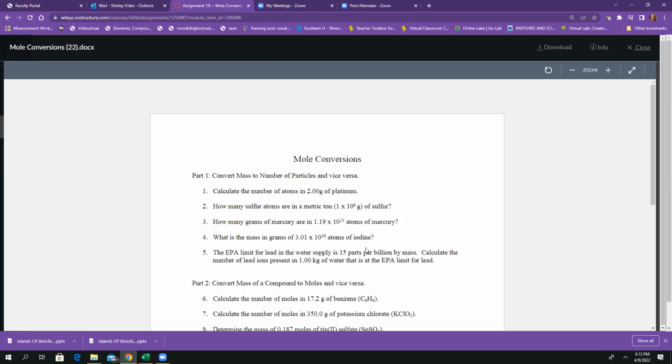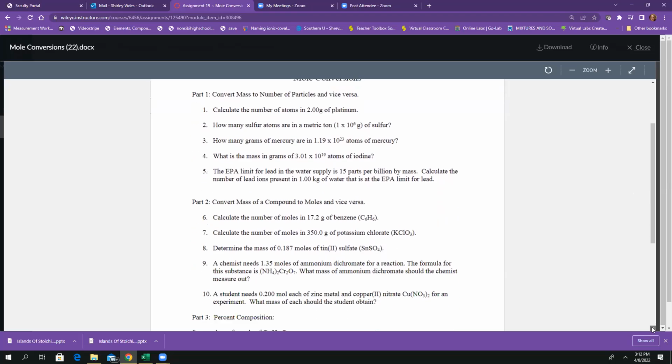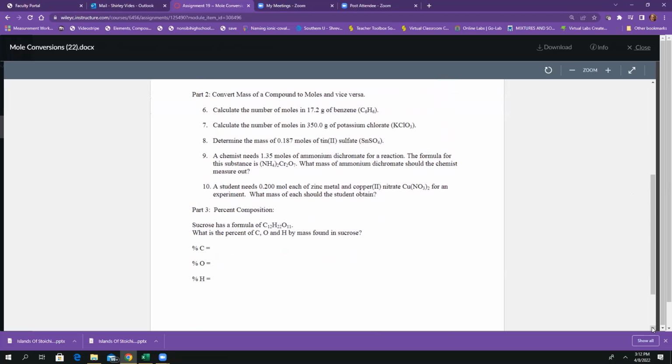This number 5 is going to give you a little bit of a challenge. The other ones are easy. And then the percent composition, don't worry about it just yet, but we will do that shortly, and it's no big deal. But then we're going to have actual stoichiometry problems. This is just the conversions.